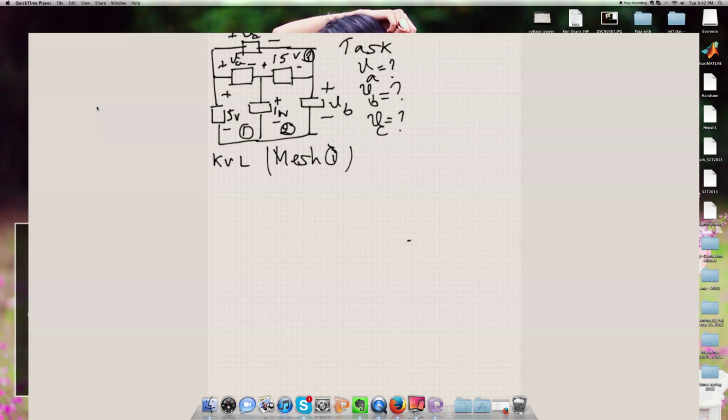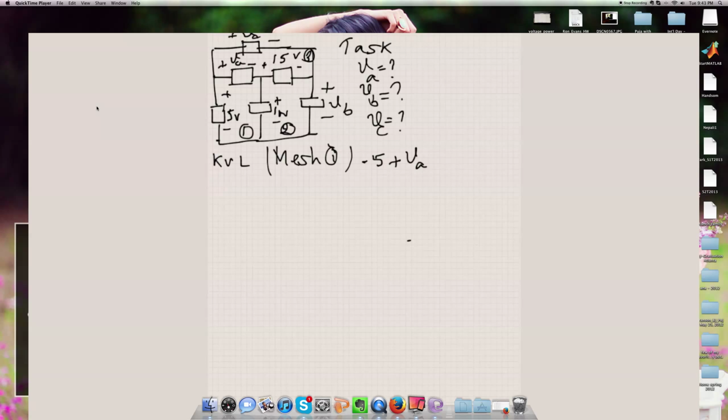So if we start at the bottom of this element, somewhere here, so what we say is minus 5, as we travel along the path, we encounter plus V sub A, then plus 10.